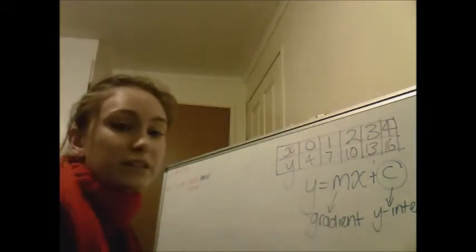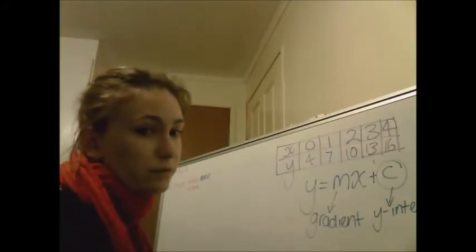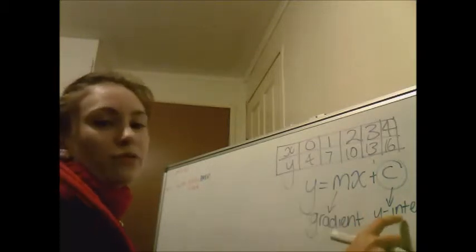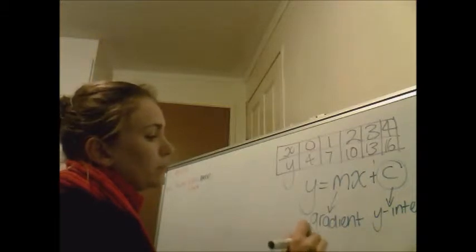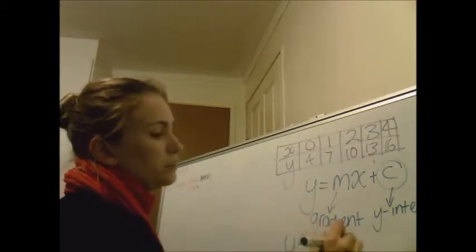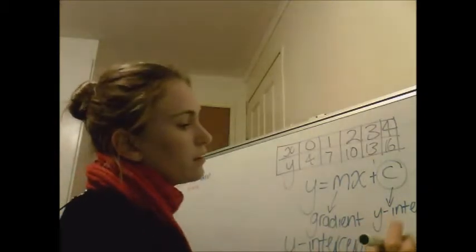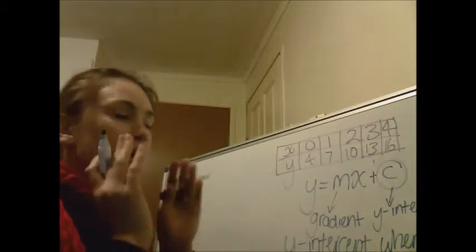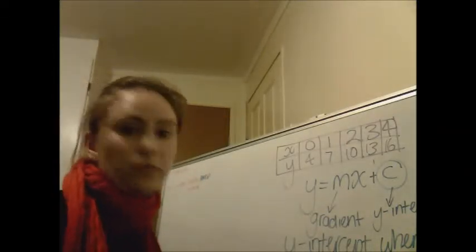If our m is negative, like -2, then our gradient is negative. Okay, that should make sense. How do we find our y-intercept? We can always find our y-intercept when x equals 0. So you always find the y-intercept when x equals 0.